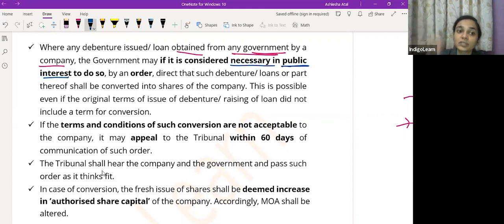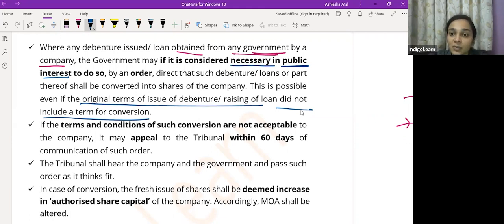And this is only possible if the original terms of issue of debentures or raising of loan did not include a term for conversion. So अगर original terms में ऐसा कुछ दिया हुआ नहीं है about conversion, but it is possible even in that situation. गवर्नमेंट अगर ऑर्डर पास करे तो कंपनी ये नहीं बोल सकती that it is not stated in the terms of debentures and it is not stated in the terms of raising loan, so we will not convert. So it is possible even if the terms of issue of such debentures or raising of such loans did not include a term for providing an option for conversion.